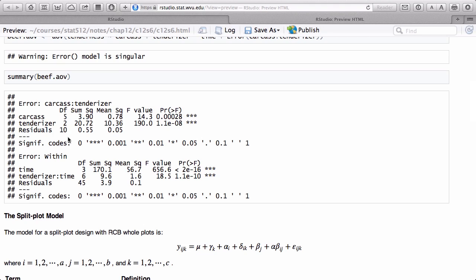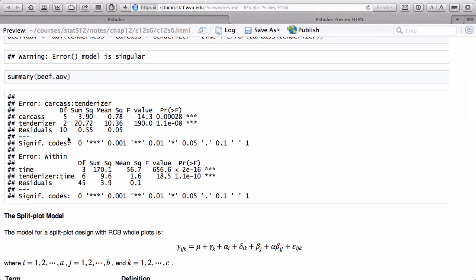So if there really is an interaction, and this is the same thing with a block design, then it's going to inflate that error term. Because that error term will be the whole plot residual variability. And if there's interaction in there, then it could be bigger. By bigger I mean the sum of squares is bigger or the mean square is bigger.